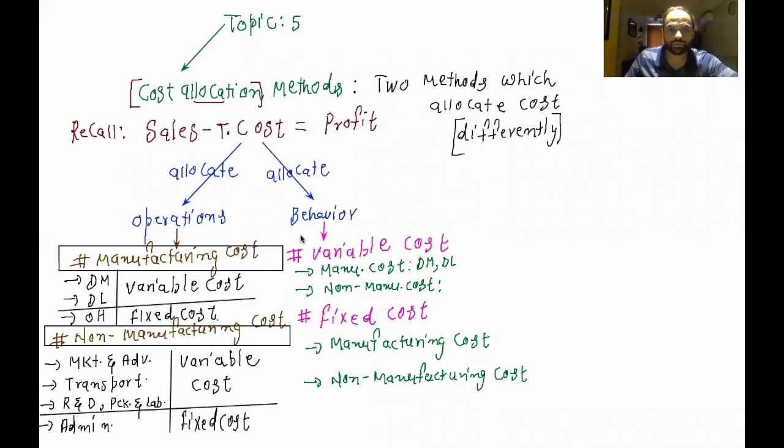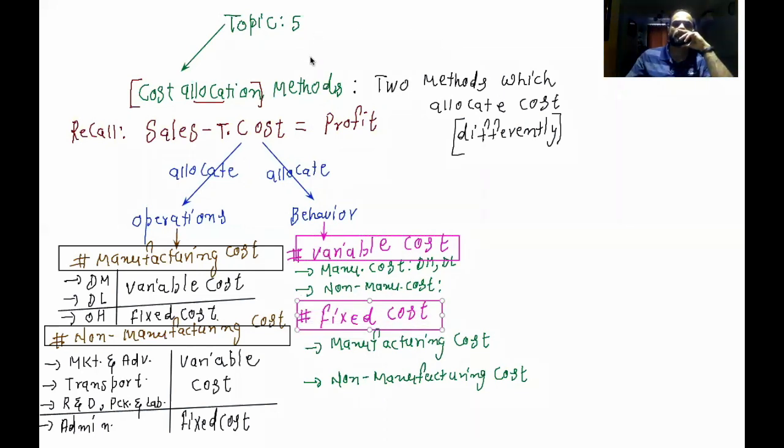So by behavior, cost is divided into variable and fixed.